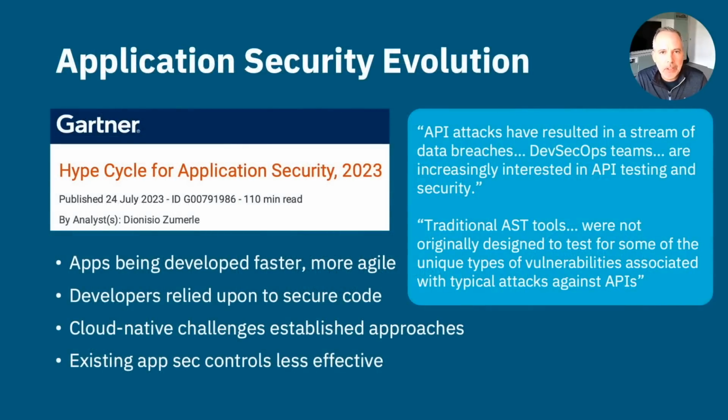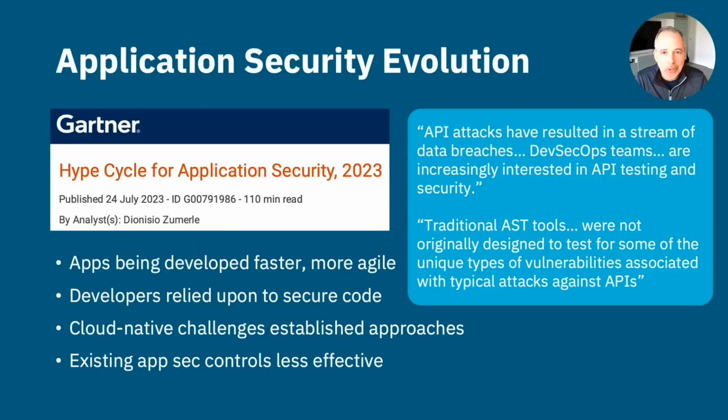I want to share some thoughts from a recent Gartner report that really nail the challenges and the changes happening in application development and security. This comes from a hype cycle report on application security that Gartner published in July 2023. Some of the key trends are that we're now developing apps more quickly in more agile ways.